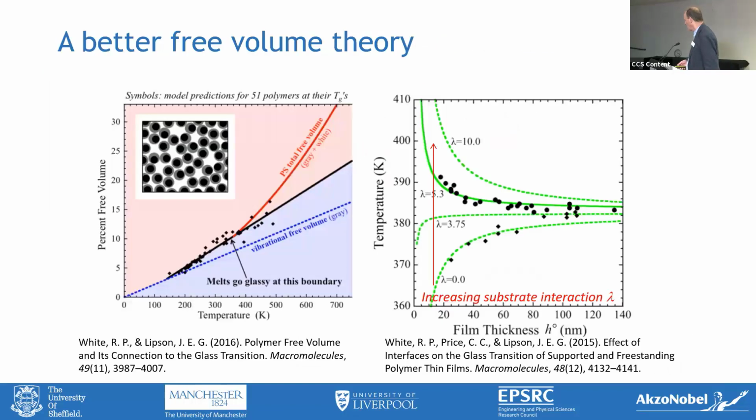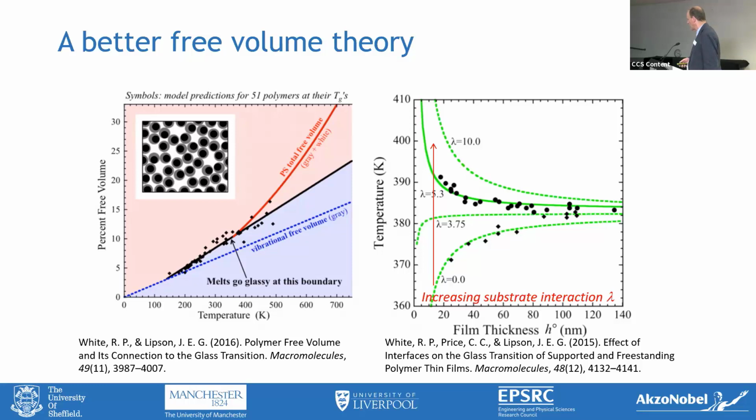I also should mention, from the point of view of theory, it's a matter of amusement in Sheffield that I don't believe in free volume theory, but this is a very nice refinement of free volume theory from Jane Lipson, which you can kind of persuade yourself actually does show how you can get a relationship between substrate interaction and Tg.